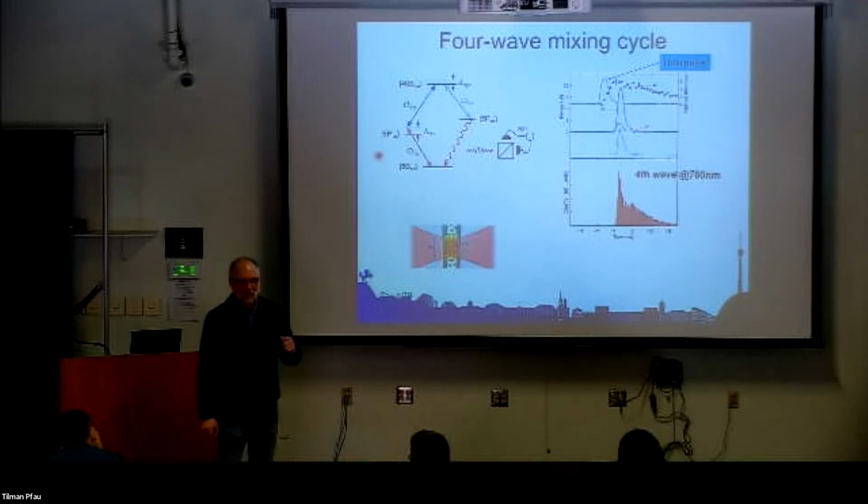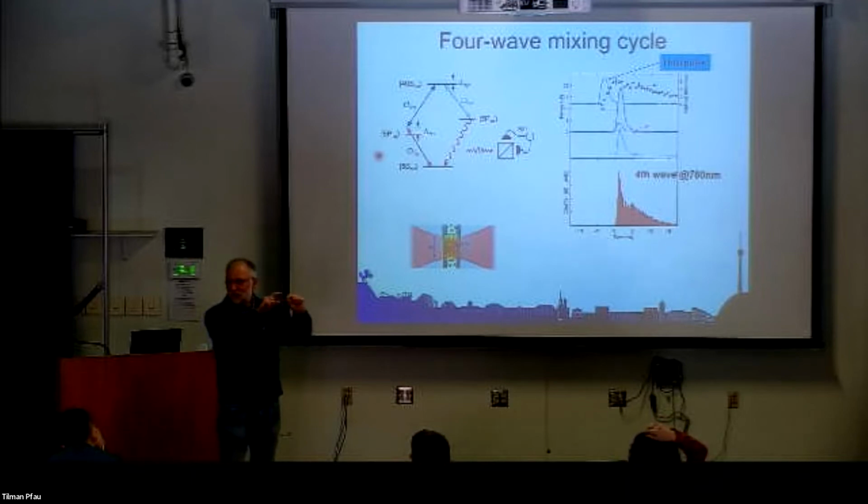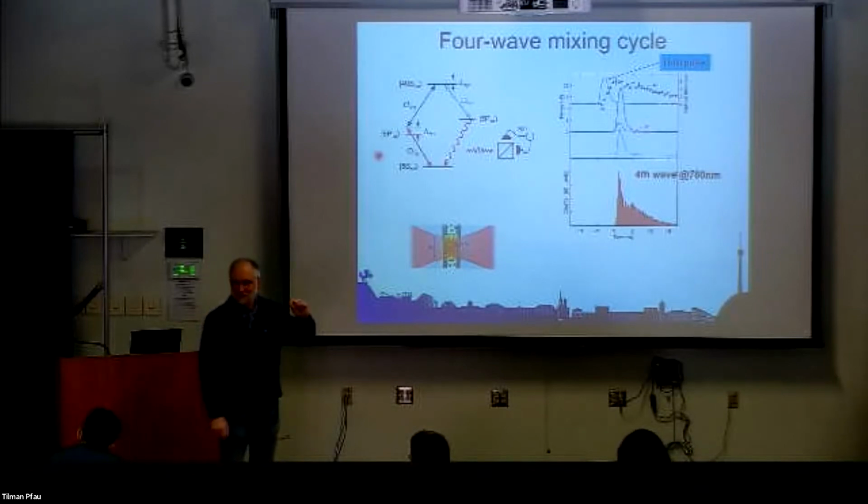And glass also has absorption lines or bands in the terahertz range. So you have to choose that Rydberg state such that there is no energy transfer of the electronic excitation in your atom to the glass material. So you have to know exactly what your glass material is doing.